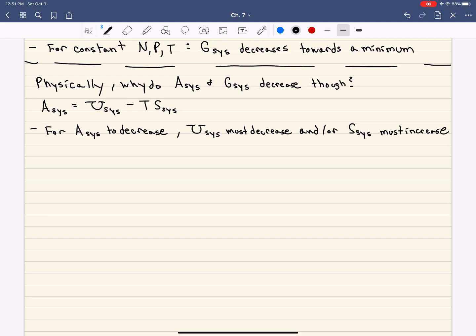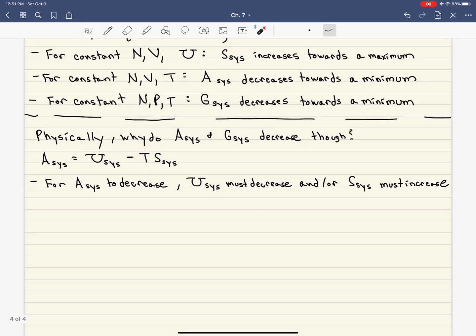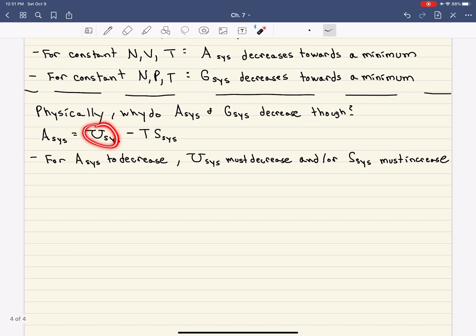And remember, we're looking at constant NVT systems. The temperature would be constant, right? So that's why I'm saying it's either this decreases or this increases.